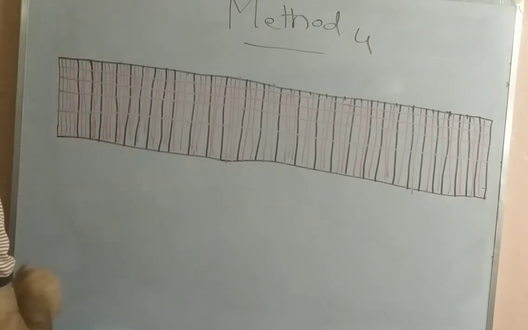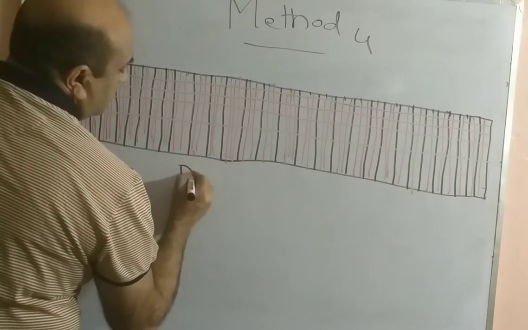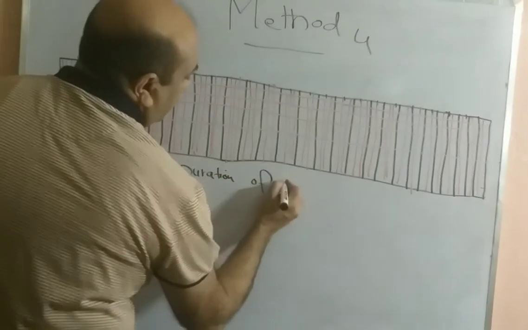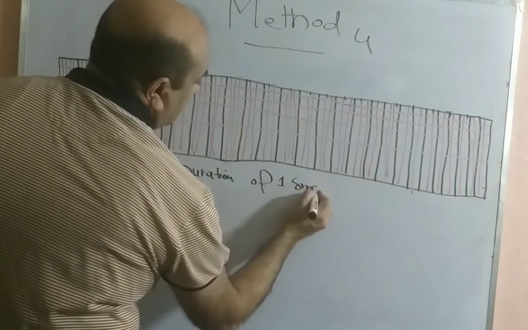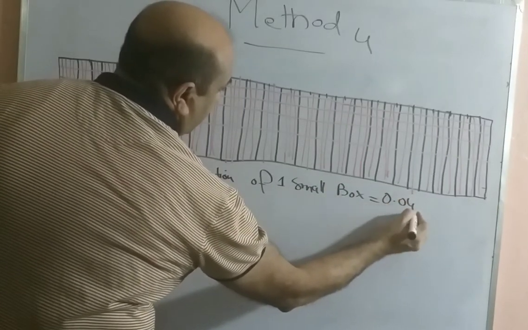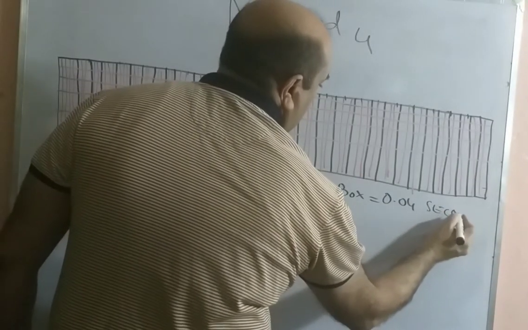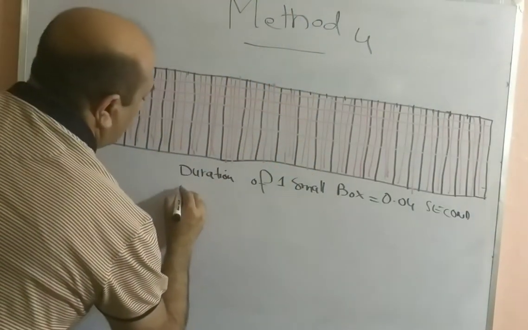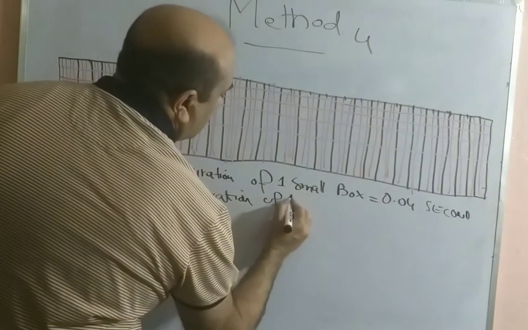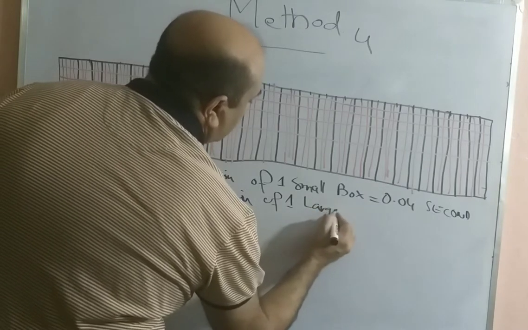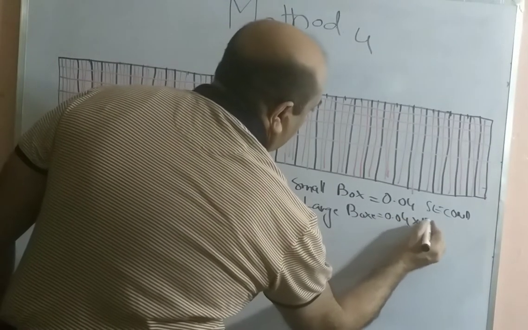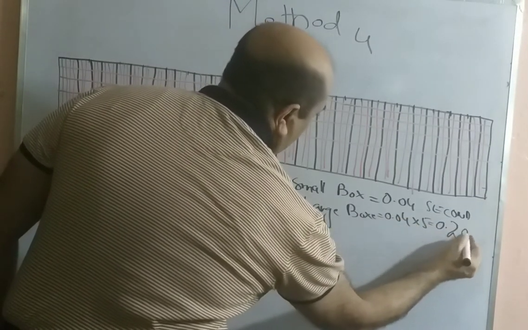Now the duration of one small box is 0.04 second. Duration of one large box, which has got 5 small boxes, is 0.04 into 5, 0.20 second.